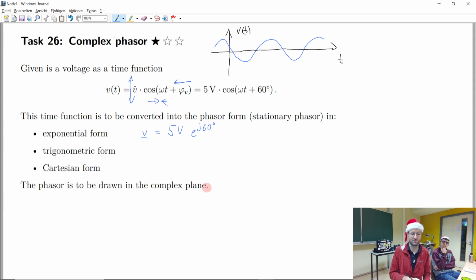So that's it. This is this time function expressed as a complex phasor in the exponential form. Okay.